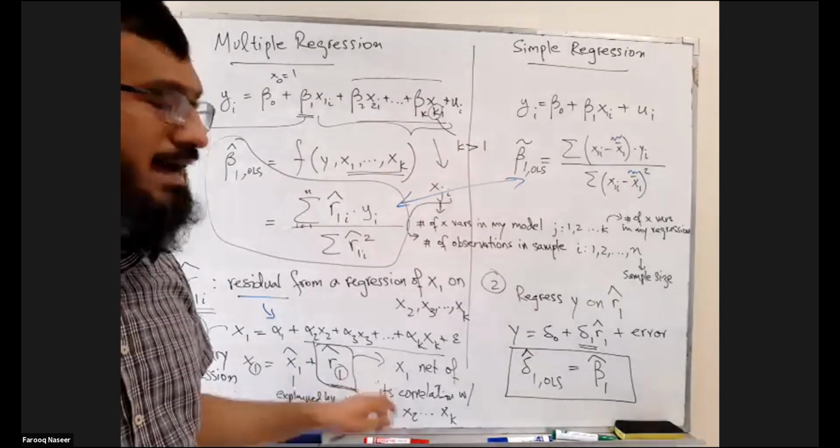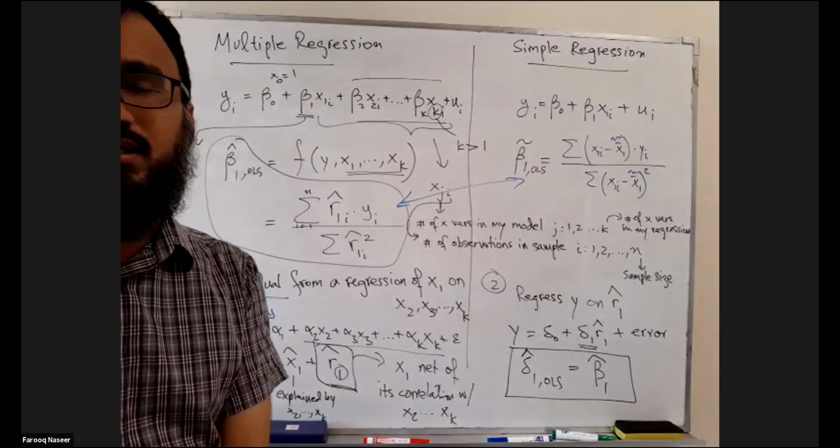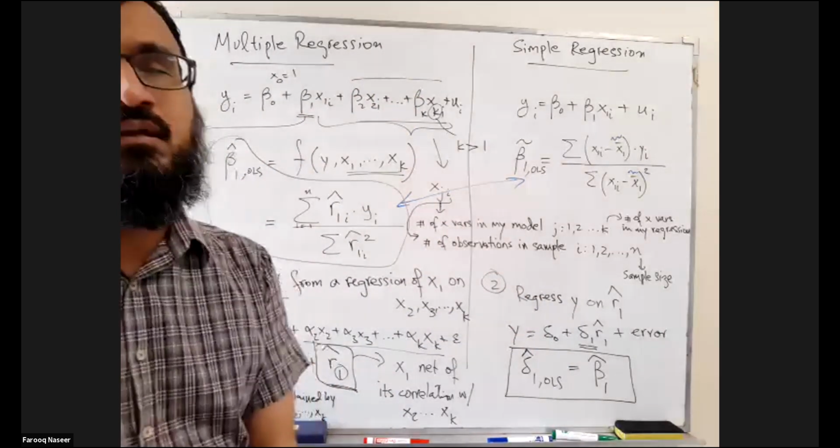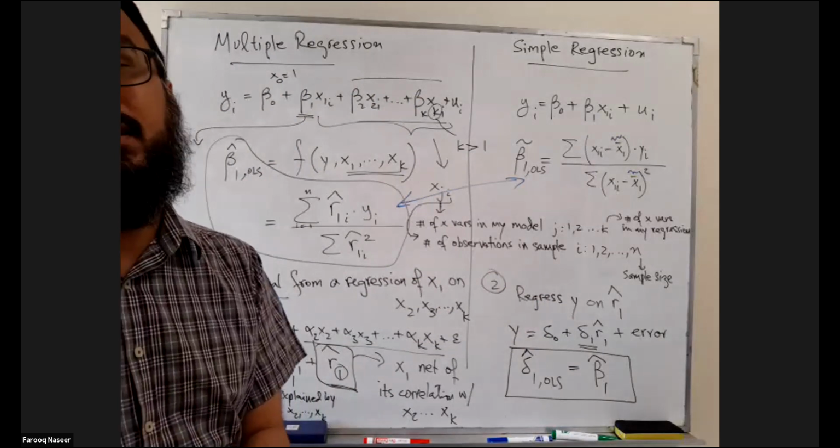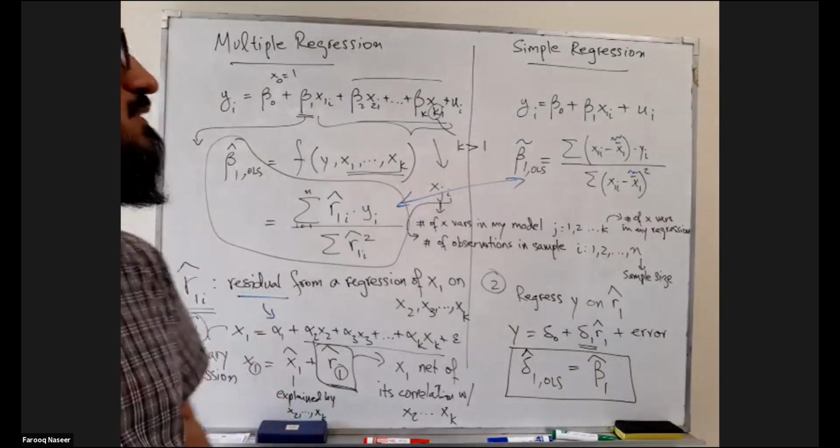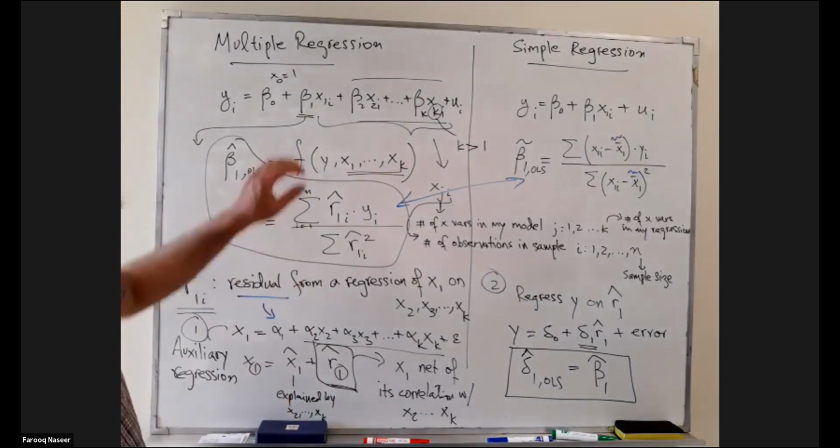So think of that as x1 purified of its correlation. So this is a part of x1 that's uncorrelated with ability, with parents' income, etc.